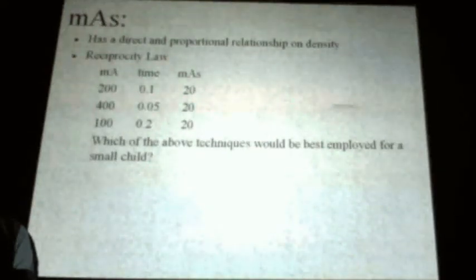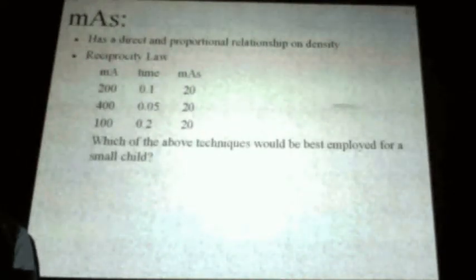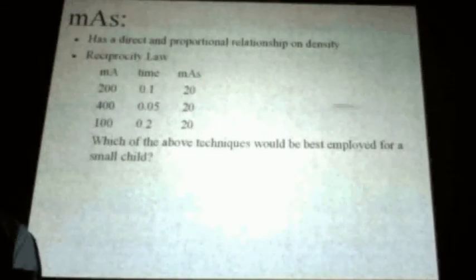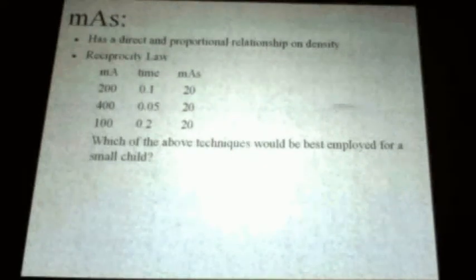Beam intensity is how you describe the dose. Beam intensity is a quantity of x-rays. It's the dose. So mass controls beam intensity.